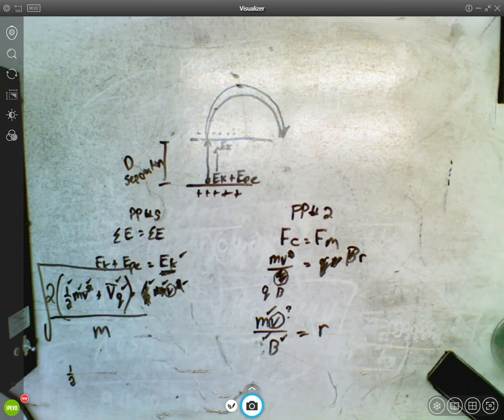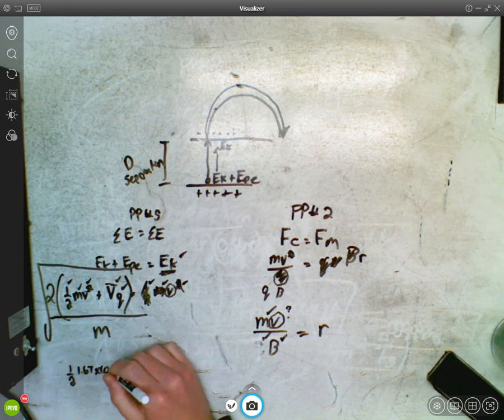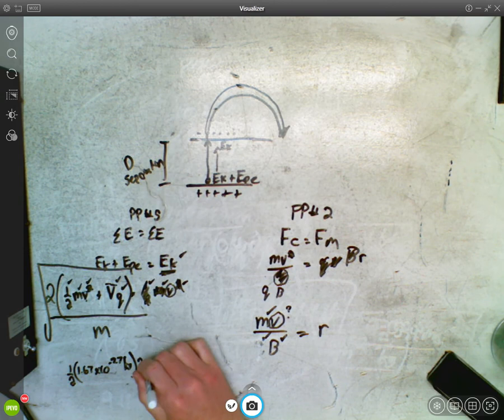I think it's 1.67, but I need to find a data sheet. There's one. Just to double check. We don't use the proton that often, so yes, it is 1.67 times 10 to the negative 27 kilograms. And then this is our speed as we enter that D gap, which is 2.5 times 10 to the 6. They give us that in the question.